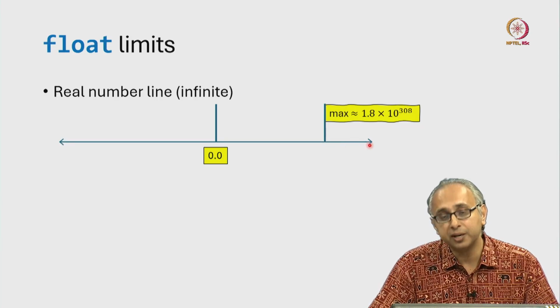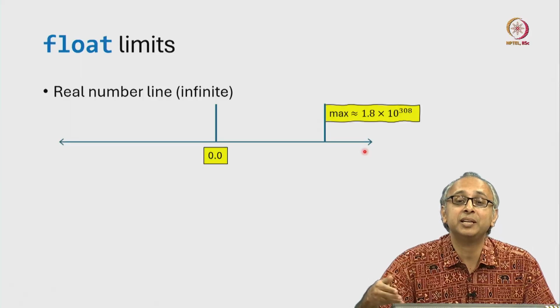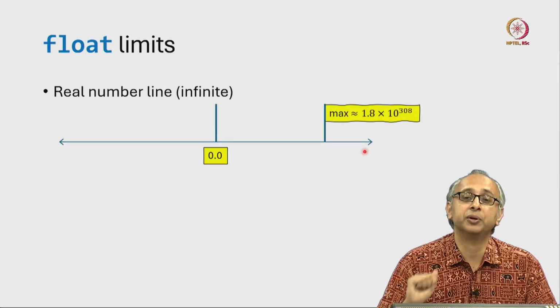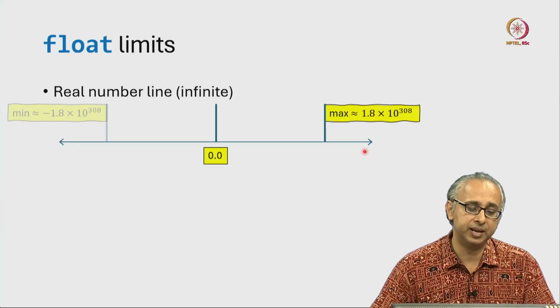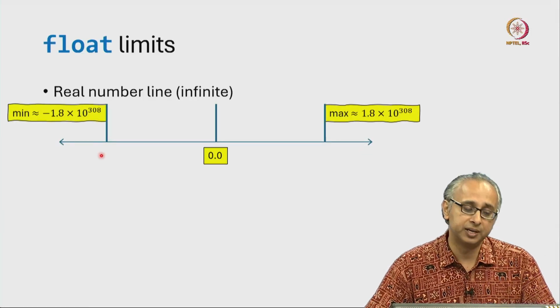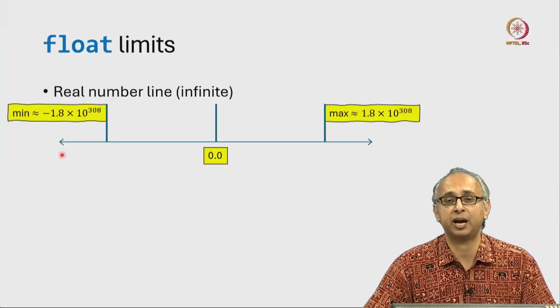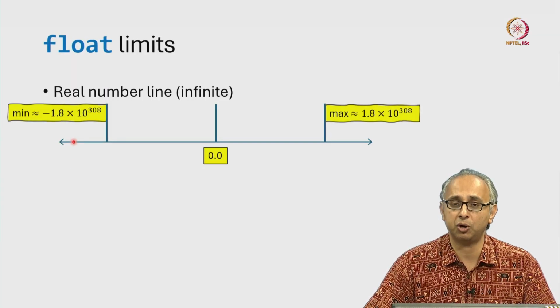And of course, there are an infinite number of real numbers beyond that. I simply cannot represent those on this system. Now the same thing happens on the negative side. So minus 1.8 times 10 to the power 308 is the most negative I can represent. And once again, I cannot represent any numbers beyond that.